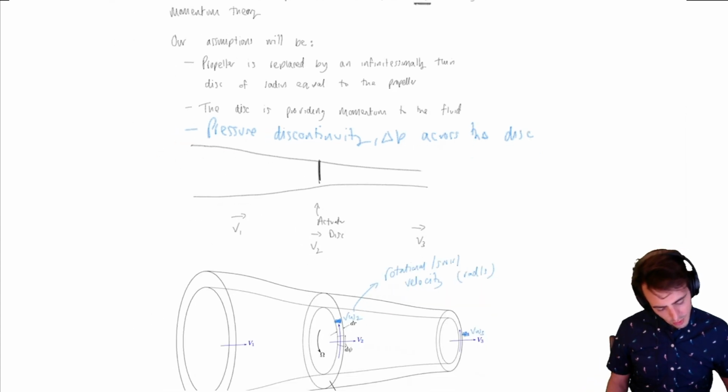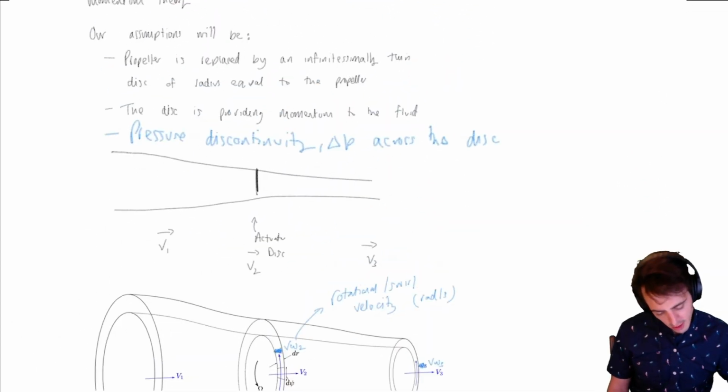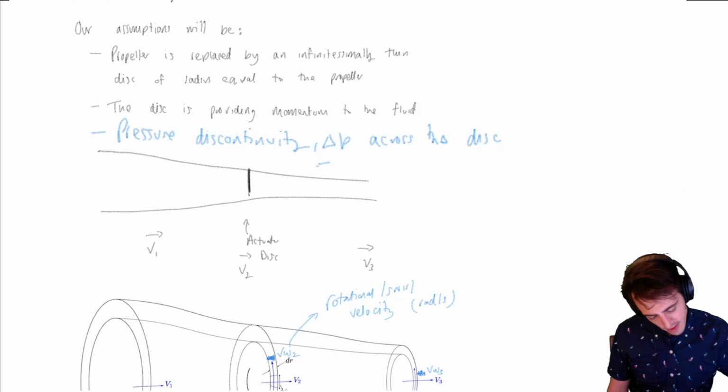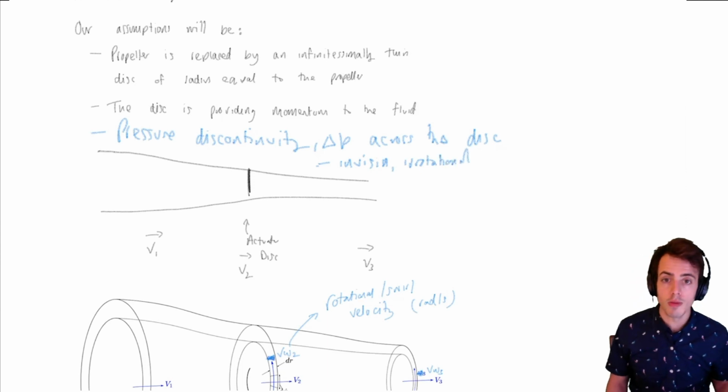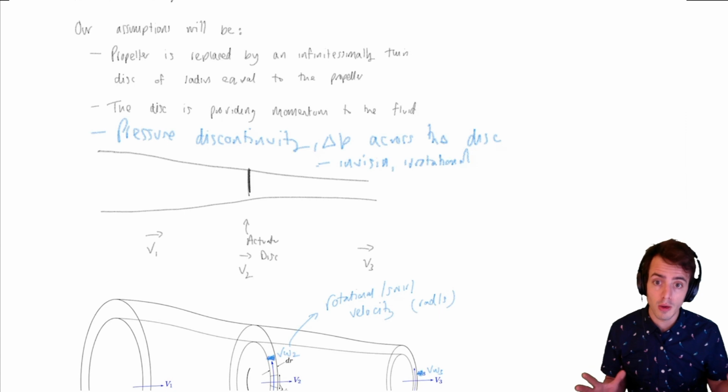And in fact, there's another assumption that we're going to make: we've got an inviscid and irrotational stream tube. Now, because of those, we can then apply Bernoulli's equation.